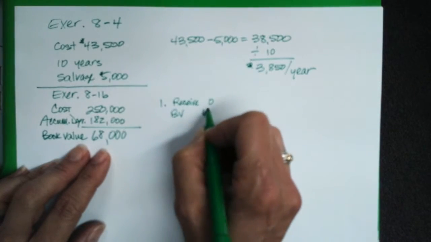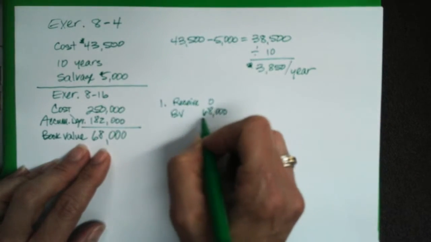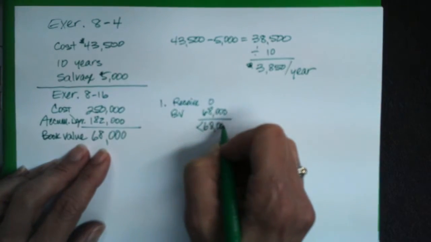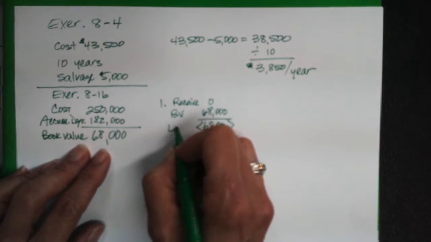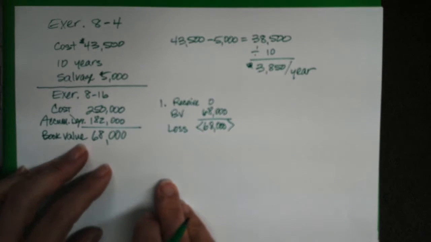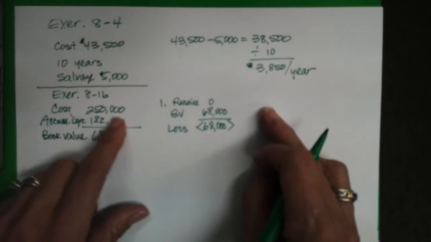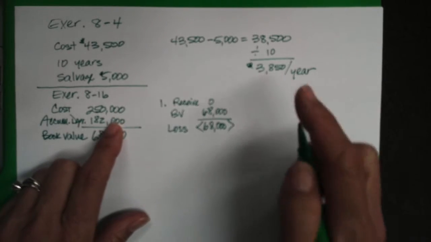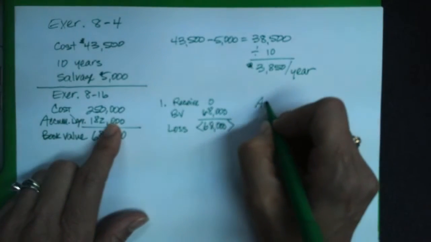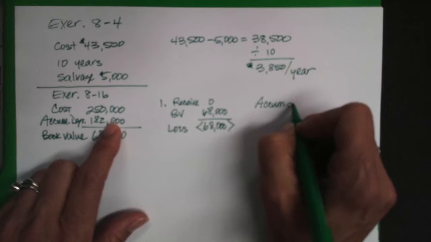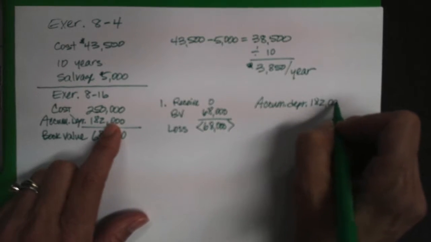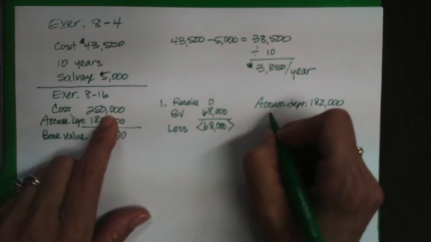book value $68,000, then I have a $68,000 loss. Okay, here's the journal entry. I've got to get the accumulated depreciation off the books. Debit accumulated depreciation. Credit equipment.